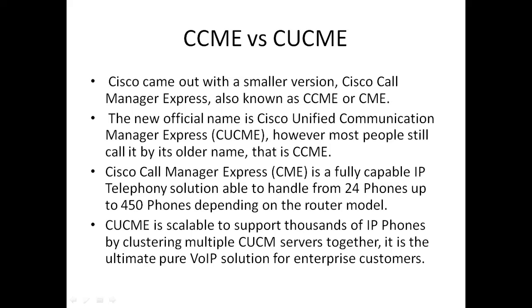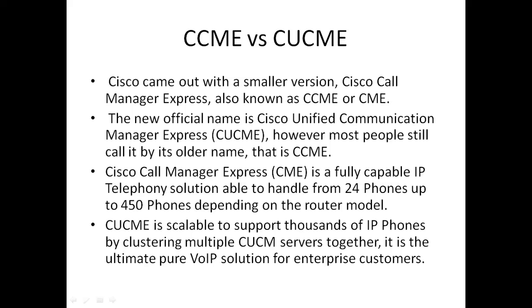But on the other hand, CUCME is capable to support thousands of IP phones by clustering multiple CUCM servers together. So you can say CME is suitable for a smaller organization, while CUCME is suitable for the big enterprises.